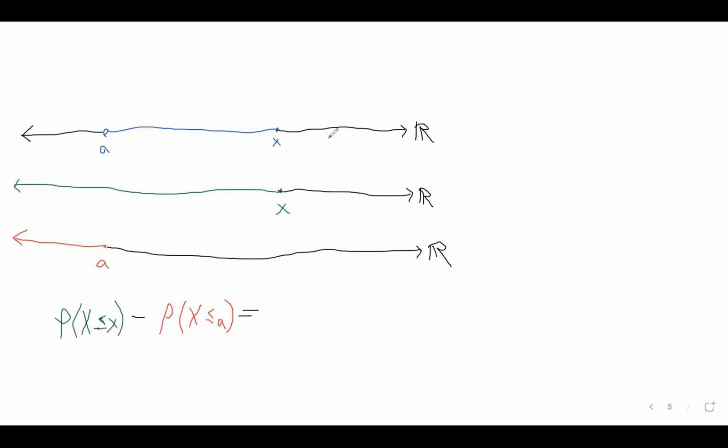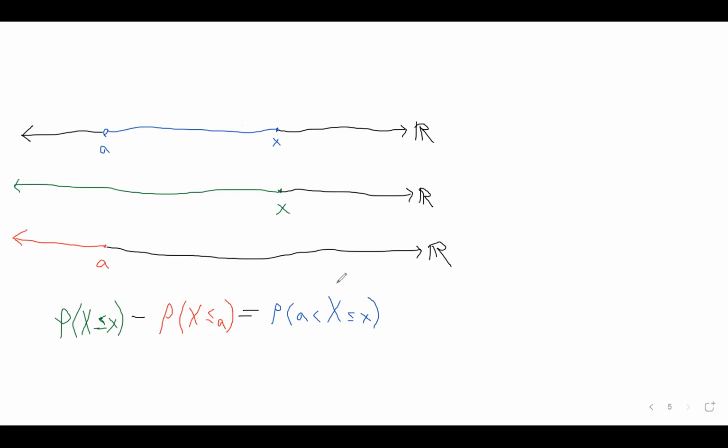That's the probability of the blue region. That would equal the probability that a is less than the value of capital X, which is less or equal to little x. I'm exaggerating the height.